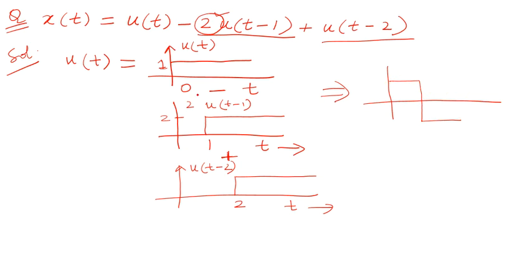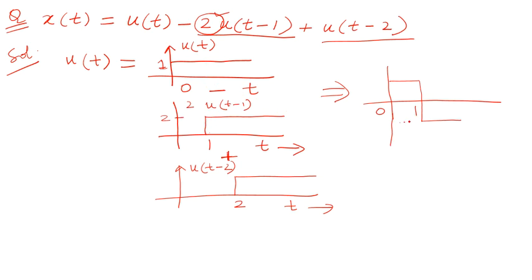From 0 to 1, this part is 0 and this part is 1, so 1 minus 0 will be 1 from 0 to 1. After this point 1, this signal has amplitude 2 and this is having amplitude 1, so 1 minus 2 will be minus 1.